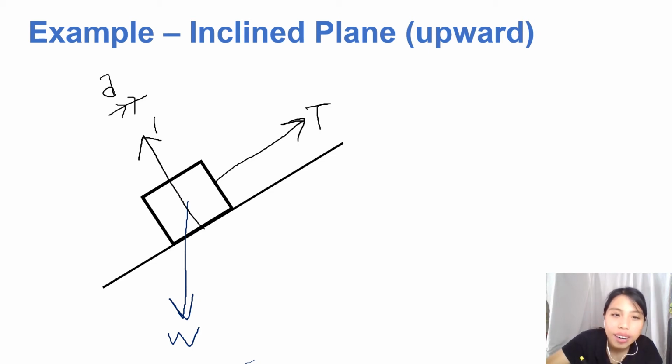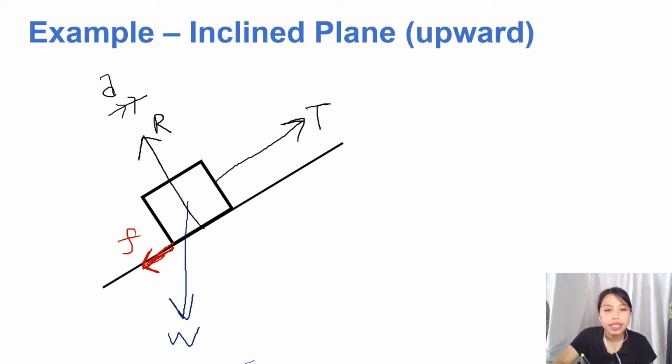Let's call that R. Then we have frictional force, lastly. Now, if your block is sliding upwards, then you need to have a frictional force in the other direction. So let's draw something there. F.